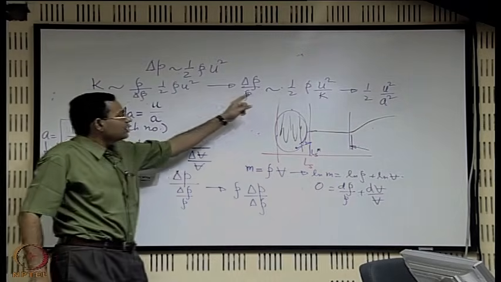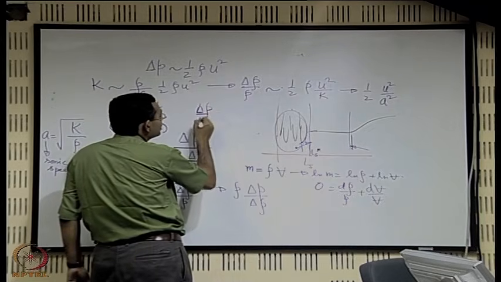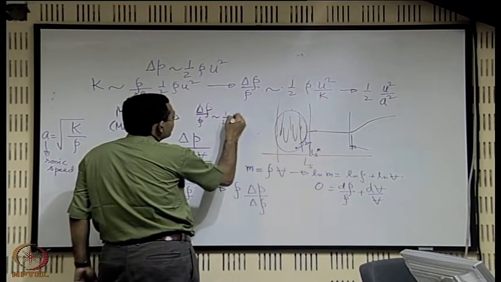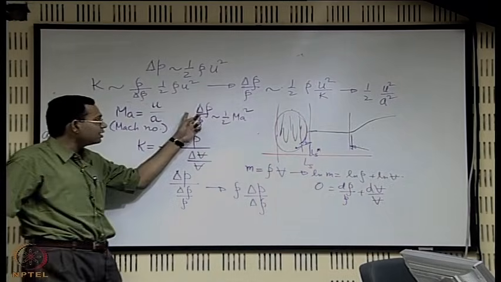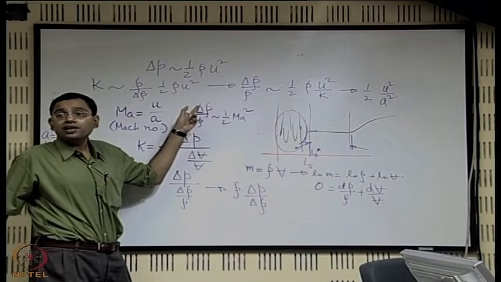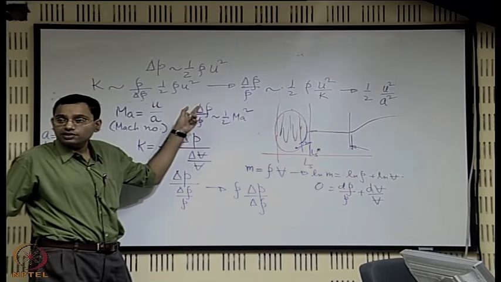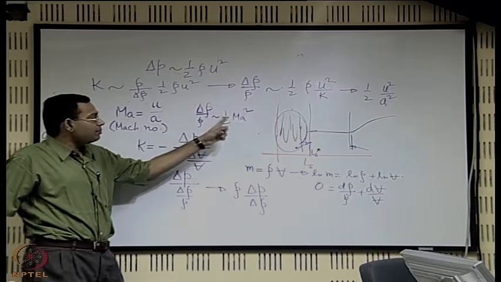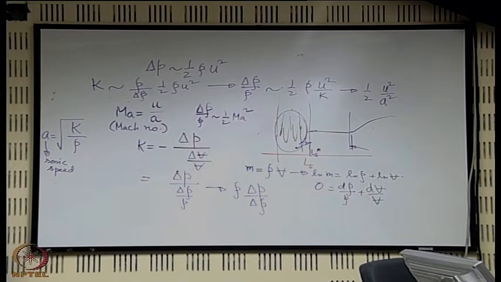The reason is, if you just write this delta rho by rho, you see that it will scale with half of square of the Mach number. Therefore higher the Mach number, higher is the effect of the change of density relative to its original density. So Mach number therefore is a very important indicator of something which is called compressibility of a fluid.